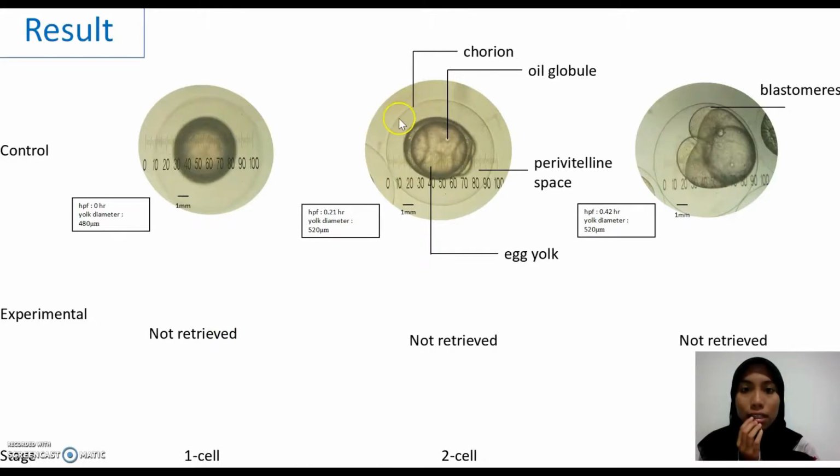As you can see, the transparent line here is the chorion. The white dots here are the oil globules, and the space is the perivitelline space, and this is the egg yolk. During the cleavage period, at 4 cells, the blastomeres are more distinct compared to 2 cells.